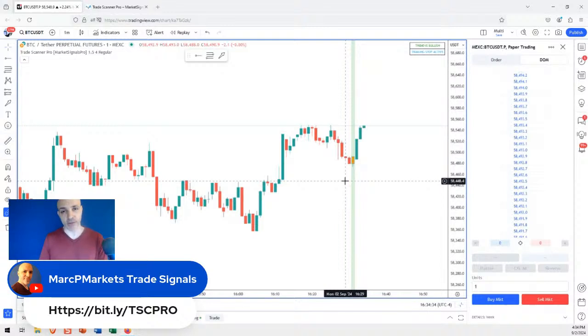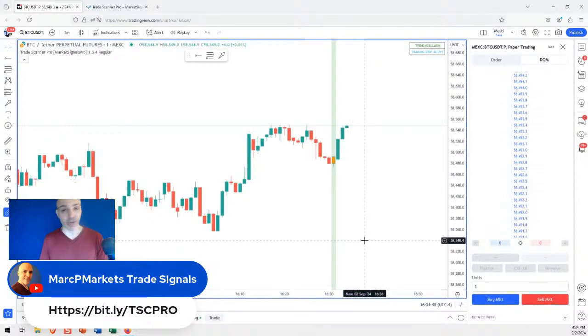You understand? Because the smaller the time frame, the smaller the risk. If you want to get fancy and give it a name, you can call it a risk gap, because it's the gap between your entry price and the stop price. That's your gap of risk, right? Smaller time frame, the smaller the gap.